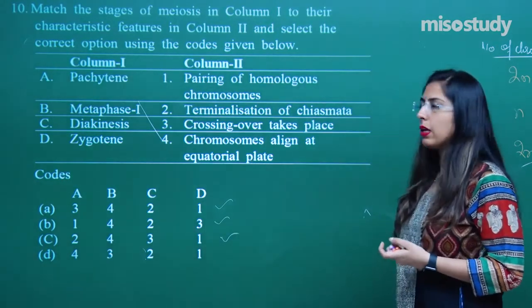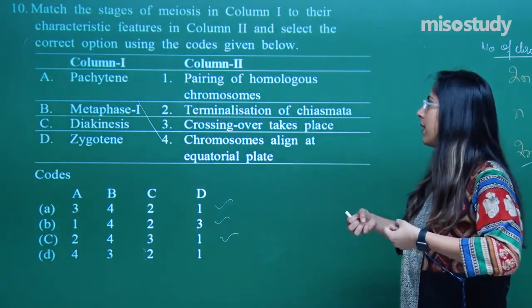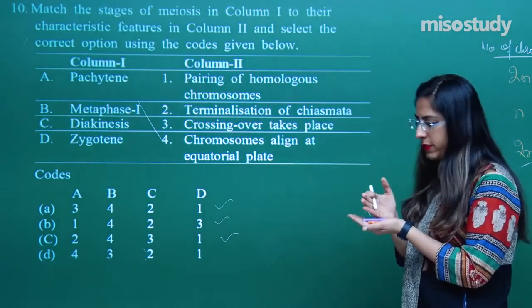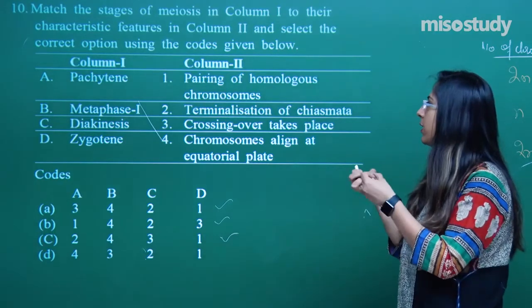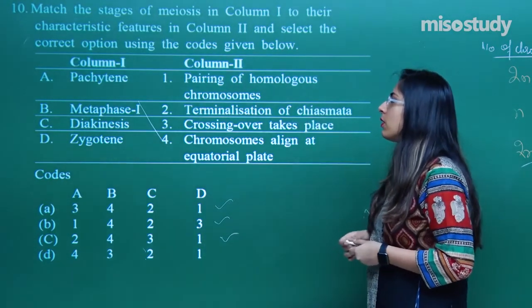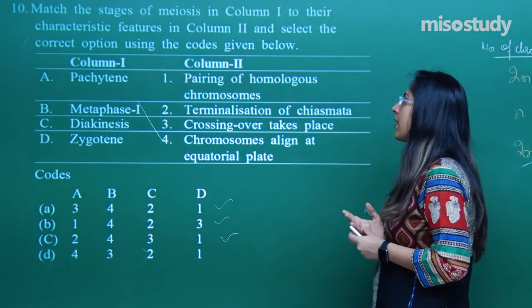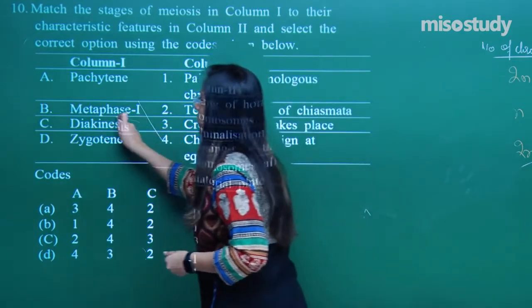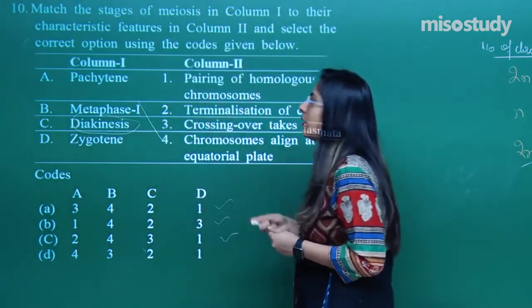What is happening in diakinesis? Is it the formation of two cells? Pairing of homologous chromosomes? No. Terminalization of the chiasmata? Sorry, we are discussing diakinesis. I was confused with these.